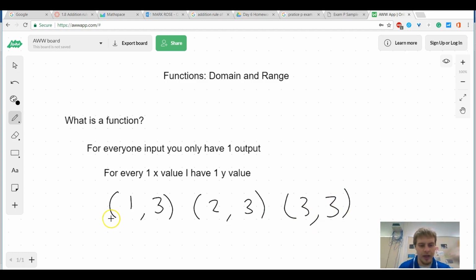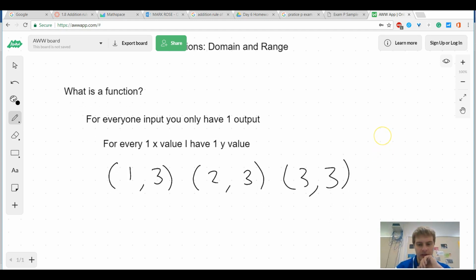Because for every 1 x, I have 1 y. They can be the same y's, that doesn't matter, but for every 1 x, I have one y value. So this is a function. Hooray.